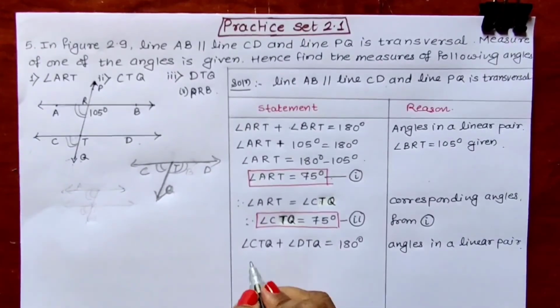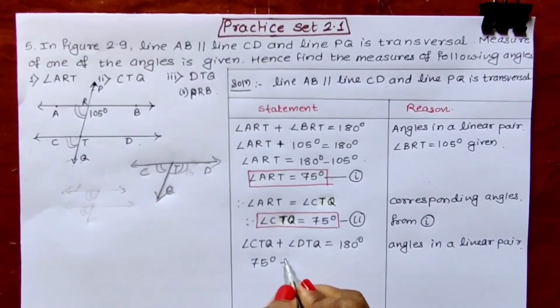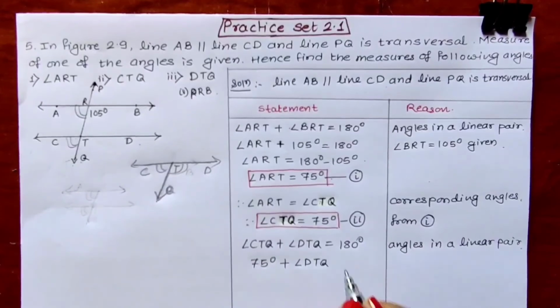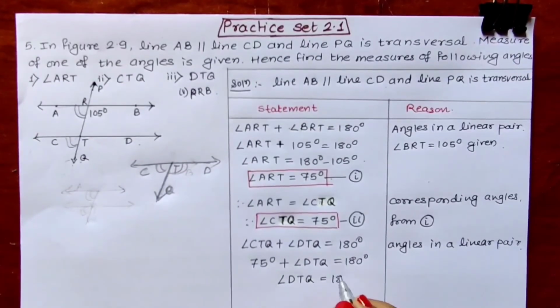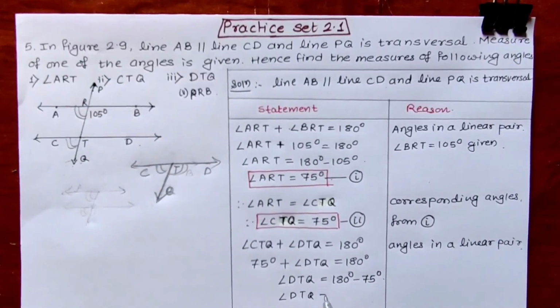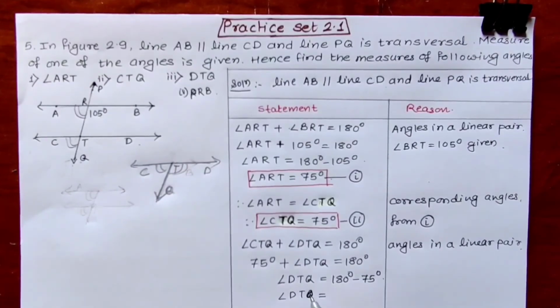Now CTQ we have got 75 degrees, plus DTQ we have to find out, is equal to 180 degrees as it is. Now angle DTQ is equal to 180 degrees as it is, only plus 75 we transfer here, it becomes minus 75 degrees. So angle DTQ will be equal to 180 minus 75 degrees, sorry, it is 105.